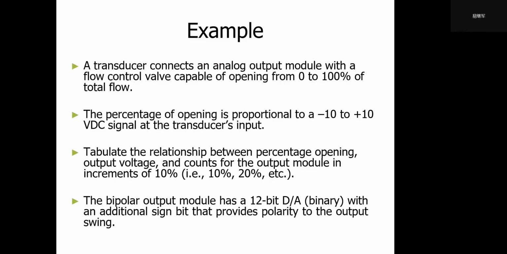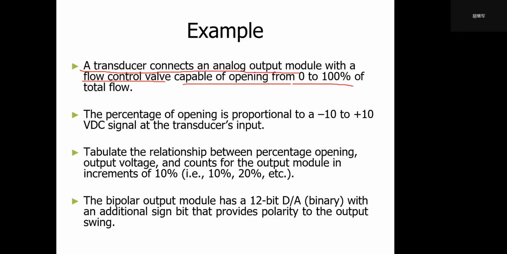Here is some example: a transducer connected to an analog output module with a flow control valve capable of opening from 0 to 100% of total flow.